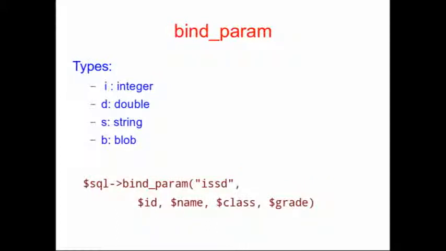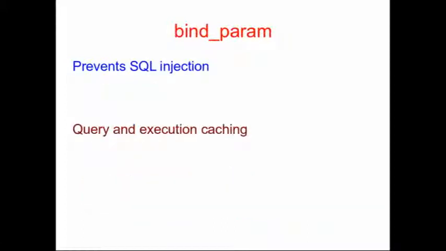The types that you can include are integer, double, string, and blob. And if you have multiple variables that you're passing as a bind parameter, you need to include one definition for each variable. In this case, we're passing an integer, two strings, and a double into our SQL query.